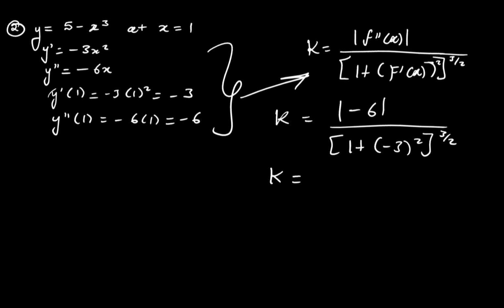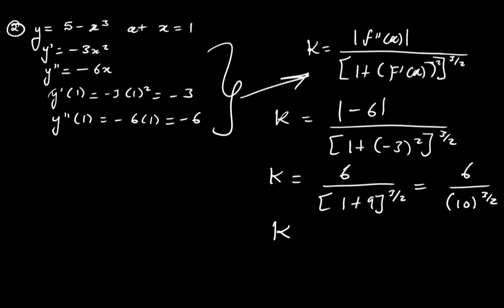Then the curvature is the absolute value of minus 6, which gives a positive 6, over 1 plus minus 3 squared, which is a plus 9, to the power of 3 over 2. So the curvature is 6 over 10 to the power 3 over 2.